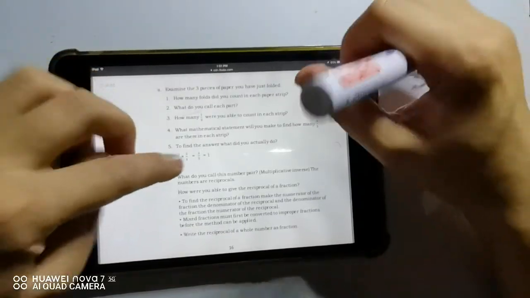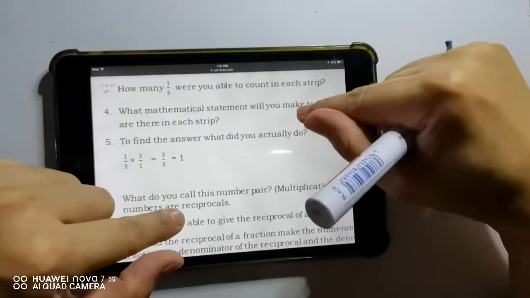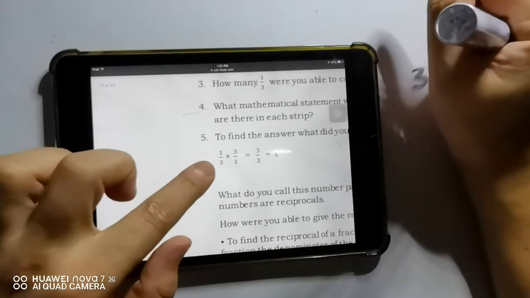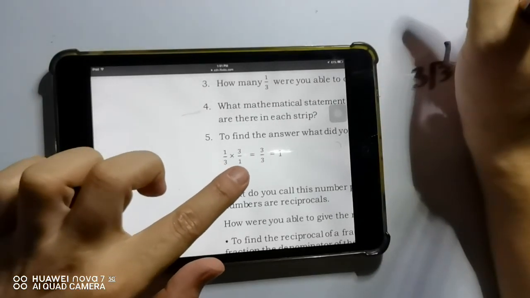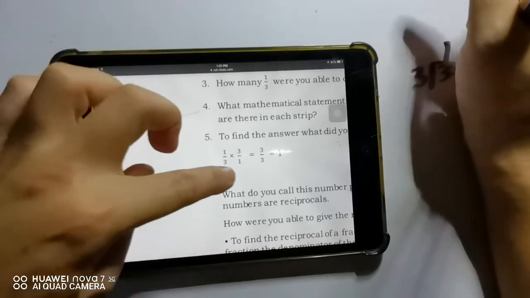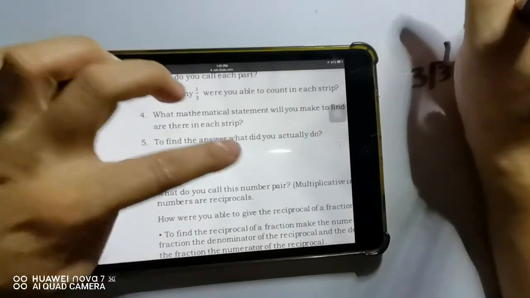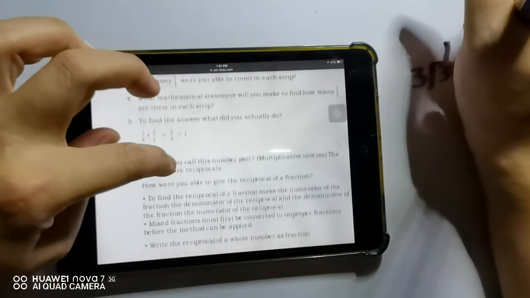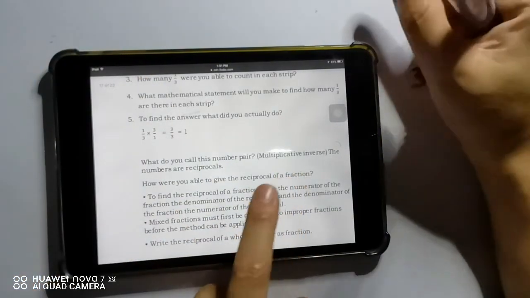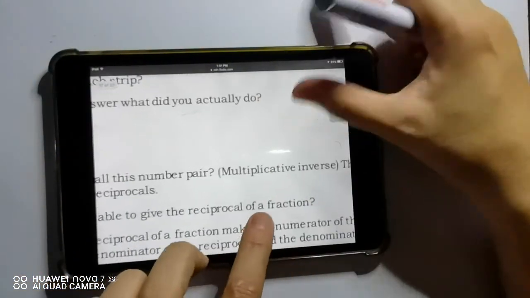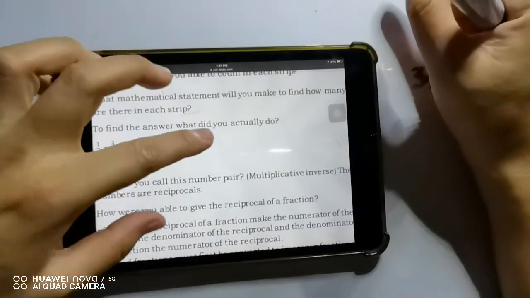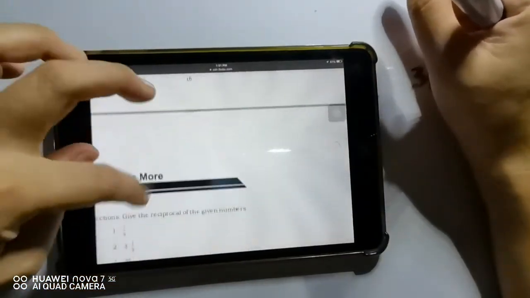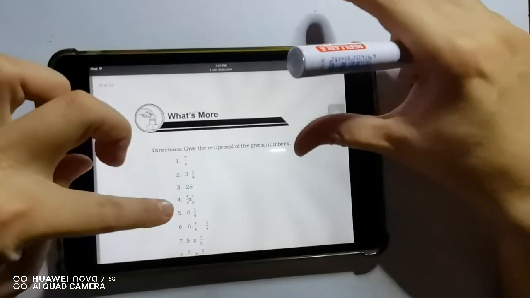So, ito yan, oh. Ito din yung kanyang example, oh. Diba? 1/3 times 3/1 equals 3/3 equals 1. Okay? Reciprocal yon. Or, ang sabi na, multiplicative inverse. Diba? Kapag yung number na yun, binaliktad mo lang. Okay? So, parang dito, oh, give the reciprocal.